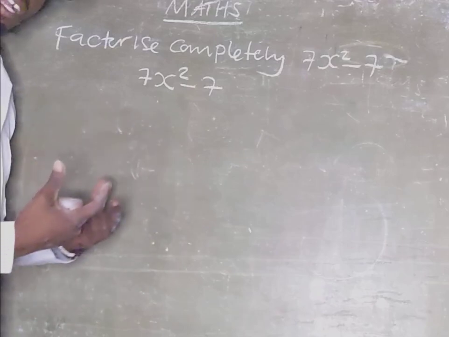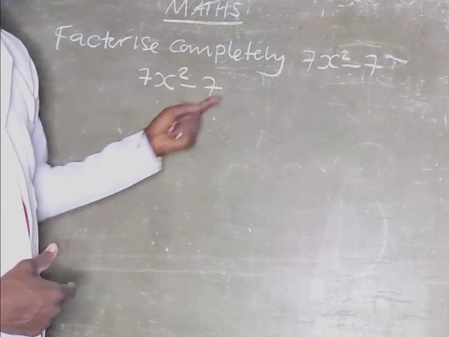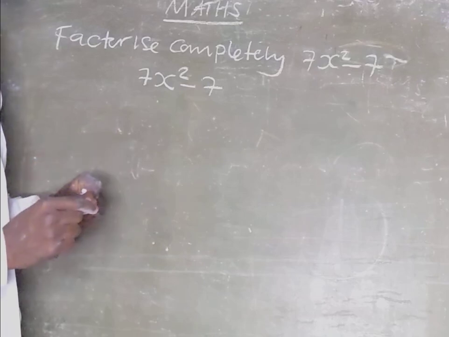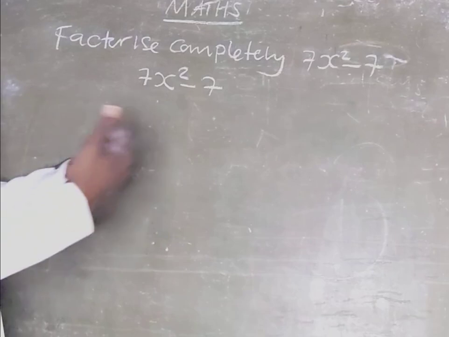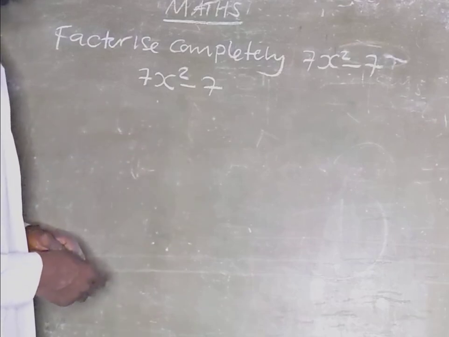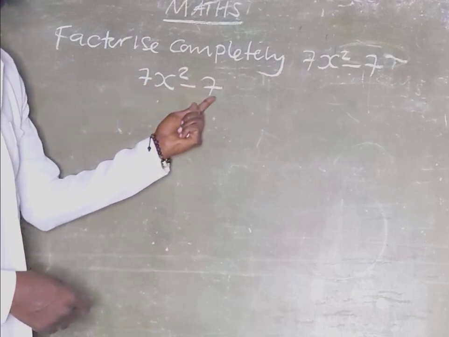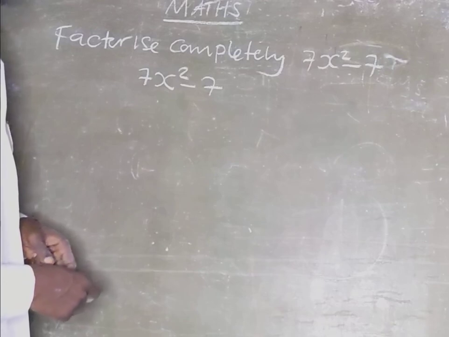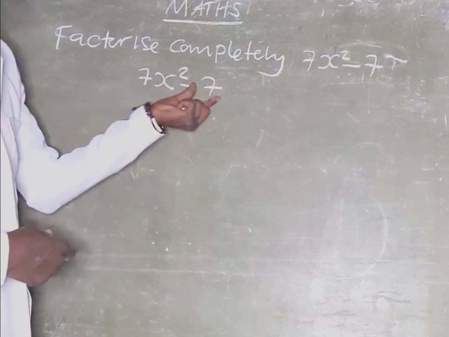Make sure that it is going into this and that. That's what we call the common factor, and we put it outside the brackets and then divide into both sides. In this case, we have the coefficients and we have this number here. Make sure that you find something that is going to enter into this and that.